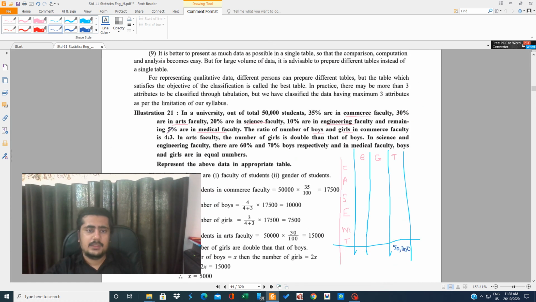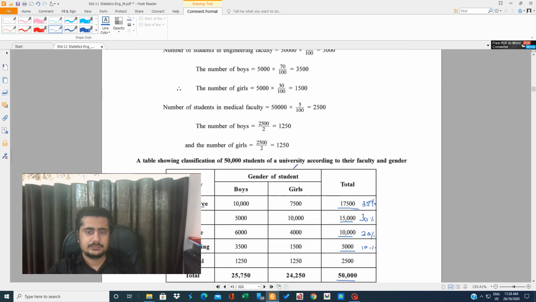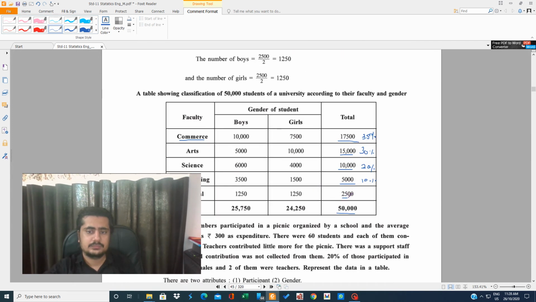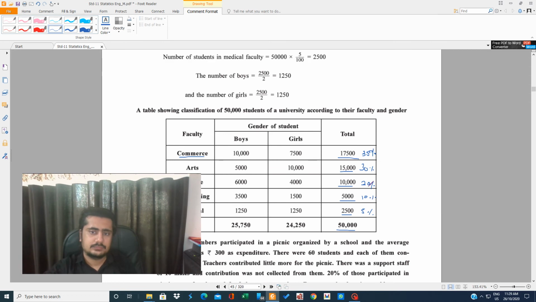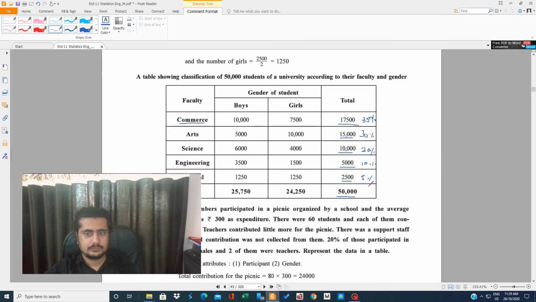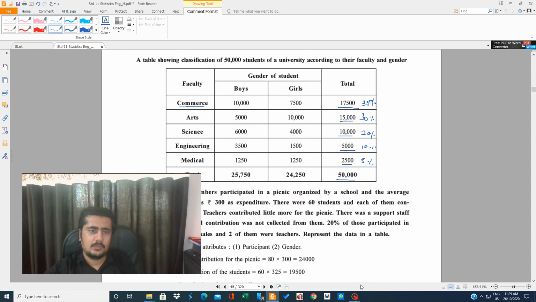Then 5% in the medical faculty. So I have made the totals for commerce, arts, science, engineering, and medical.